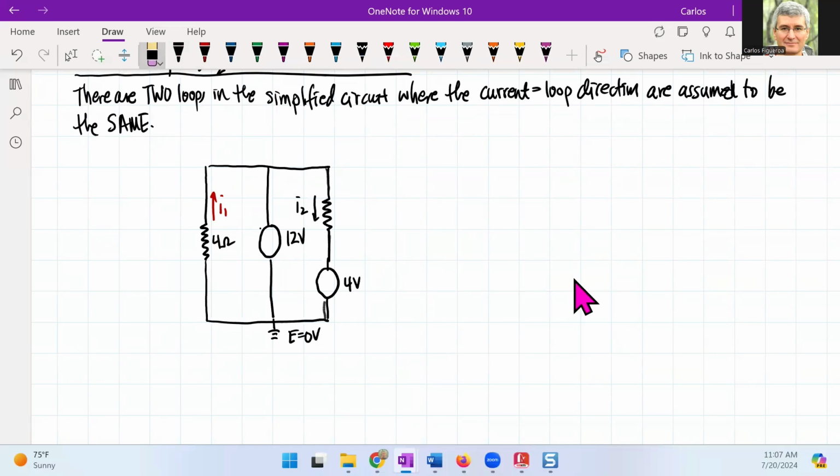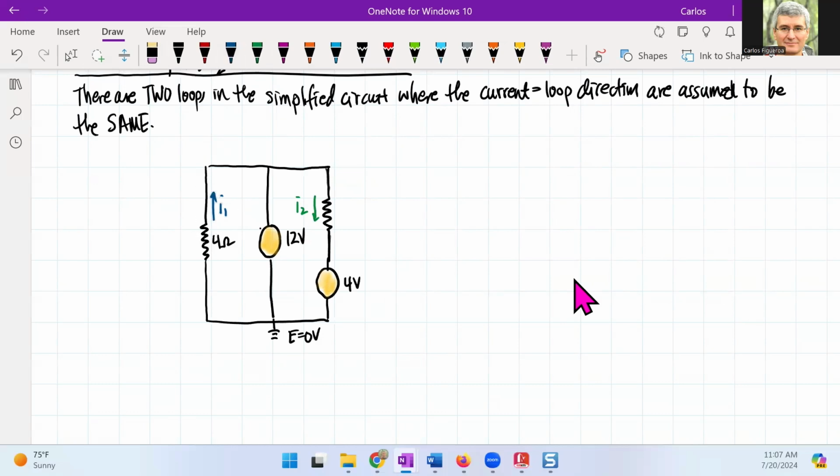So if I look at this thing here, here's my circuit. I'm going to change the colors of these. I'm going to call this green and I'm going to call this blue.